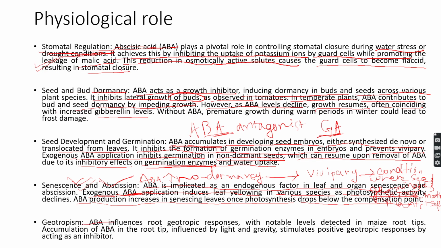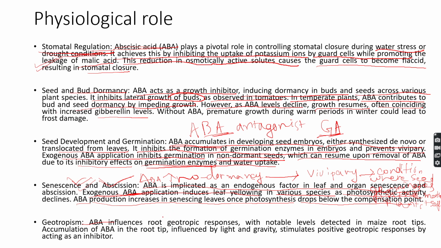Next is geotropism. Abscisic acid influences root geotropic responses, with notable levels detected in the maize root tip. Accumulation of ABA in the root tip, influenced by light and gravity, stimulates the positive geotropic response by acting as an inhibitor.